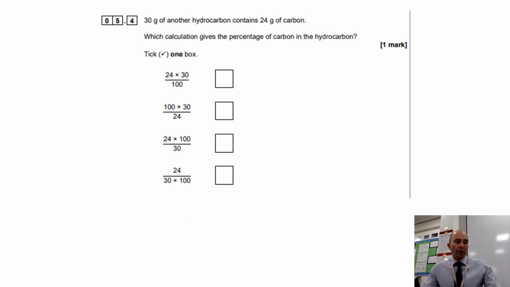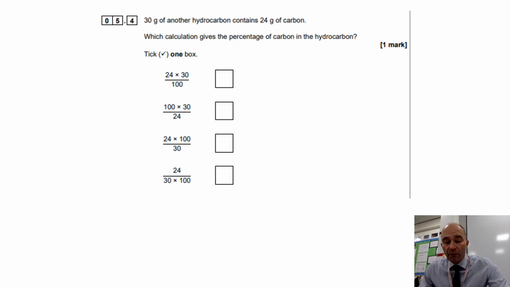Question 5.4. We've got 30 grams of another hydrocarbon, contains 24 grams of carbon. We've got a calculation, or we need to tick the box of which is the correct way to calculate the percentage of carbon in the hydrocarbon.